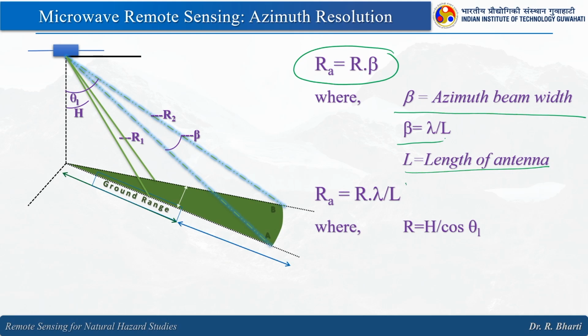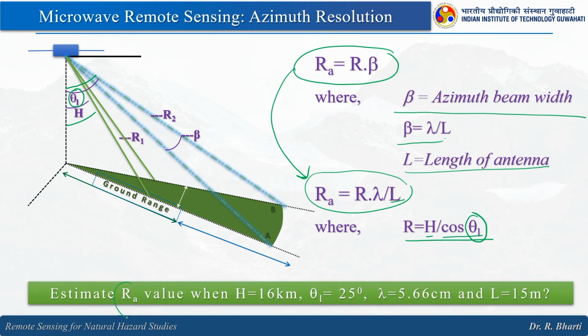Now we can modify this equation: RA is equal to R into wavelength divided by length of the antenna, and R is equal to H by cos theta 1. Now, what is cos theta 1? In this figure, this is theta 1 and this is H.